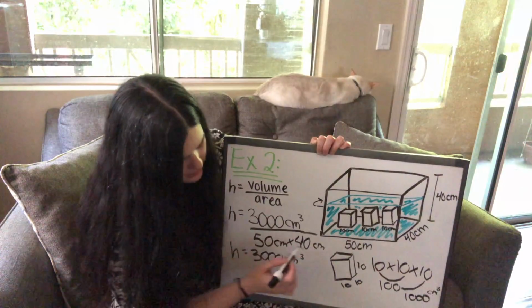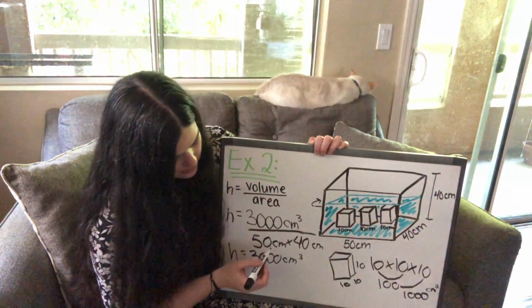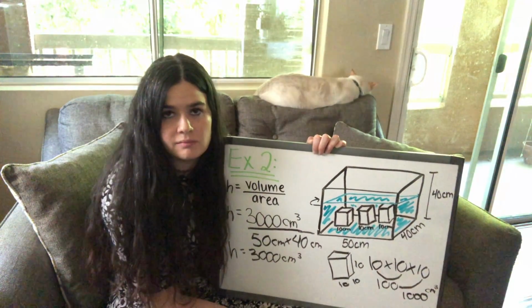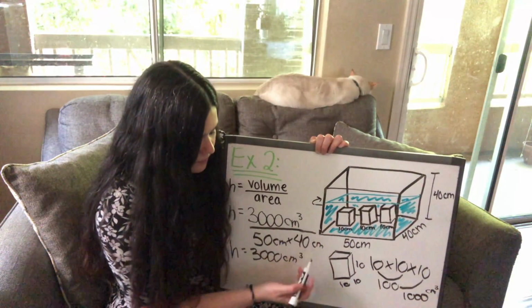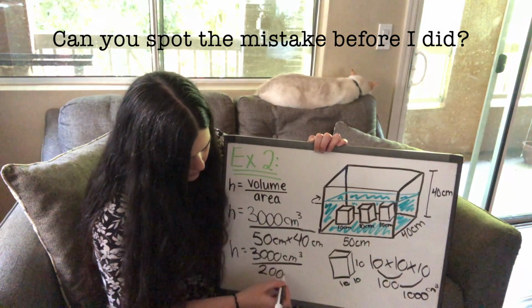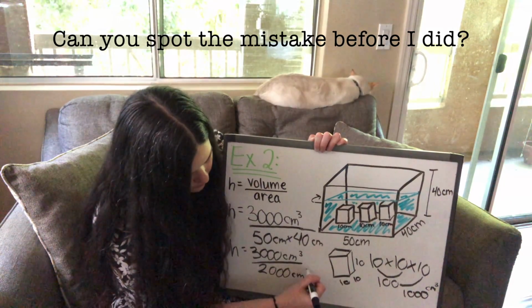So 50 times 40. One way you can solve this mentally is think, what is 50 times 4? That is 200. Times 10 is 2,000, and our unit is centimeters squared.